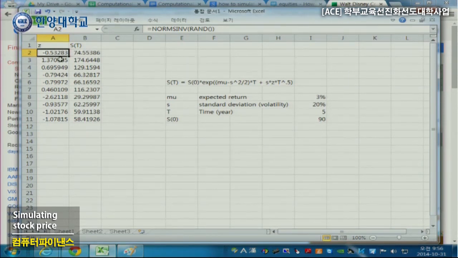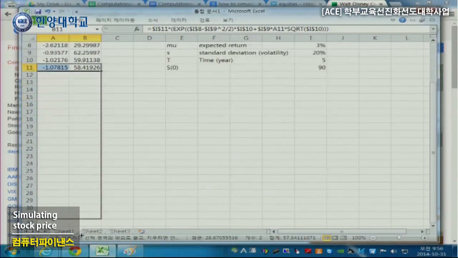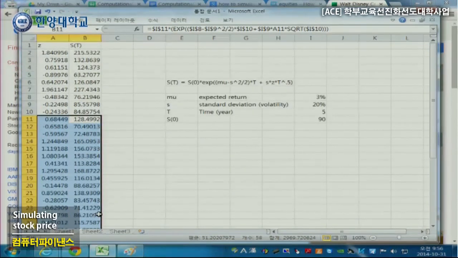In this case, we have a positive shock, so the stock price goes up. And here it is a very negative shock, so the stock price goes very down. So this is the way of simulating the stock price of Walt Disney 5 years later. We just simulated 10 random stock prices, but of course we can generate more.